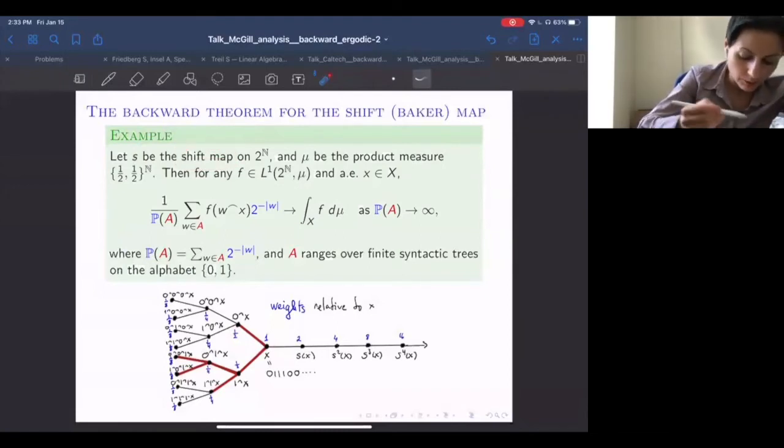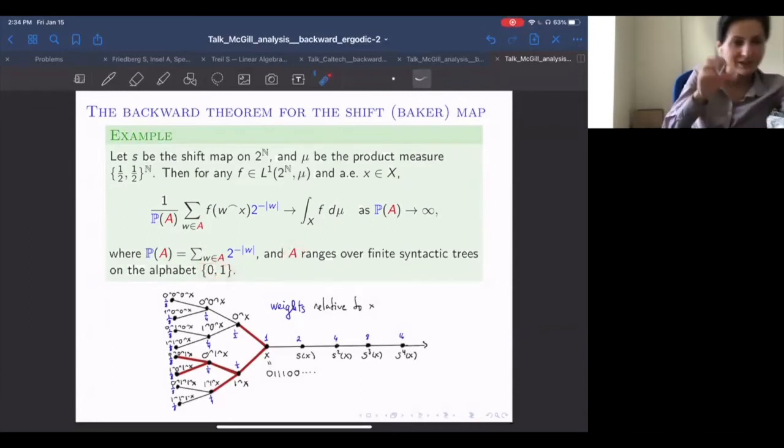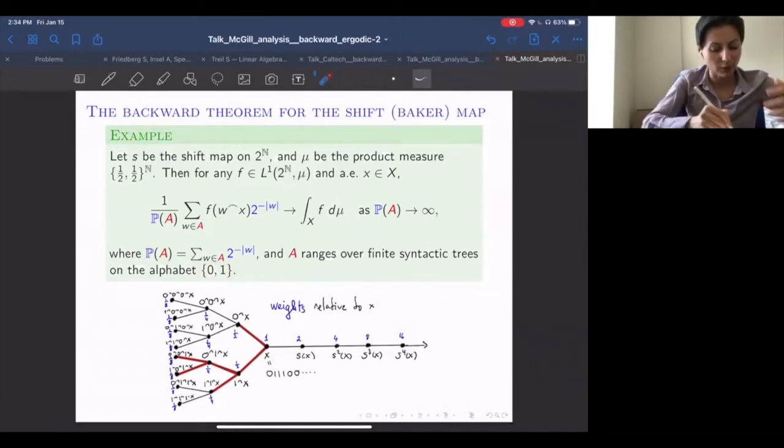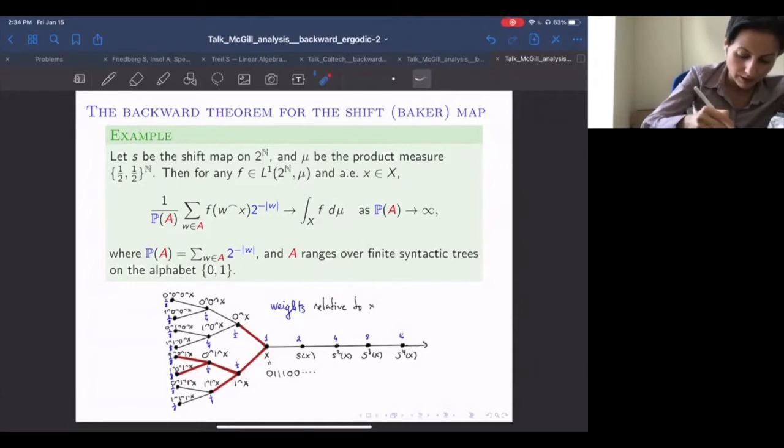So what the theorem says is that for every L1 function and for almost every point, if you look at the averages, take any tree that is a syntactic tree on the alphabet 0-1, so a set of words on 0-1 that form a tree when you write them syntactically. So let A be such a tree.